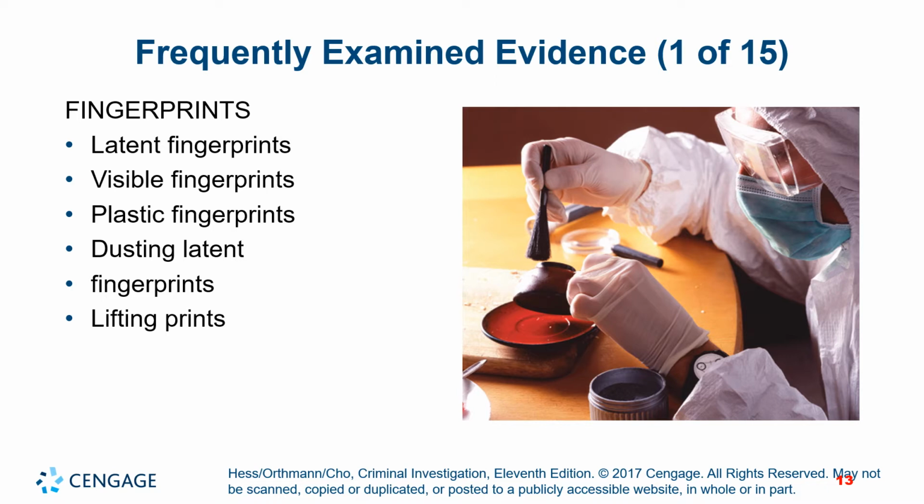Those are just a few of many possibilities where you might find those kinds of prints. Because they're on soft substances, they cannot be dusted, but they are photographed with super high resolution cameras using different spectrums of light.